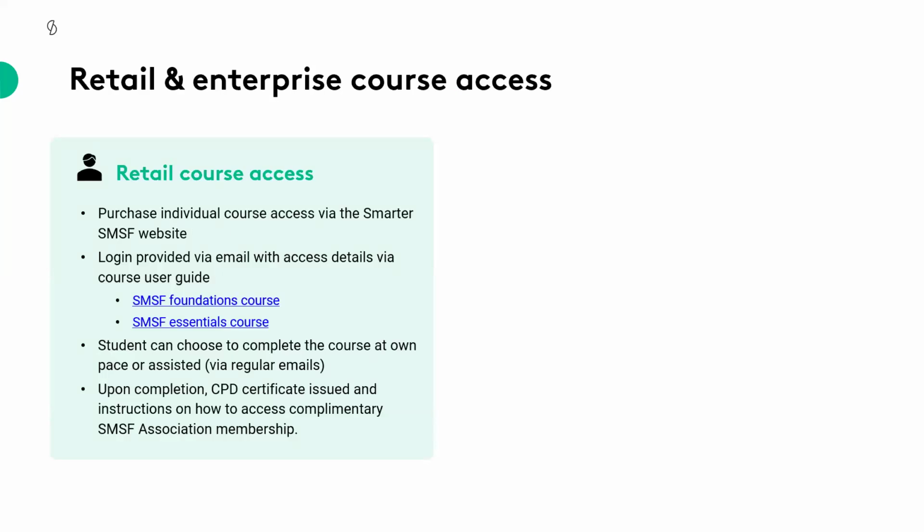And what that is going to do is provide you with a login to our platform to be able to go and access the course and complete it within that prescribed timeframe. Now, what we have done as part of the process is we have actually created different user guides to be able to help you understand and navigate once you have purchased, how you log in, and then how you work through the courses.